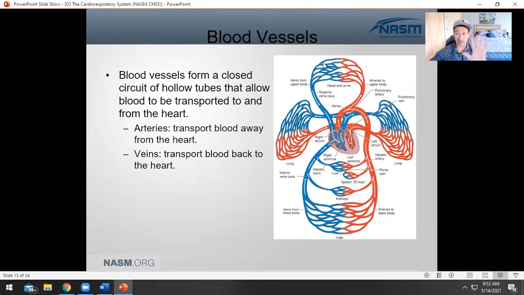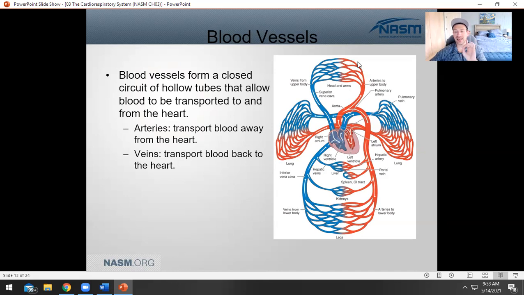Now, don't make the mistake of thinking that because arteries go away from the heart, it's therefore oxygenated blood going to my quads and my glutes and my pecs while I'm working out, or to my brain, right? Yeah, absolutely. The arteries sending blood to those areas are ejecting it out, and it's traveling to your liver or your spleen or your kidneys. It's all over the place. Now here, it's traveling up to your brain.